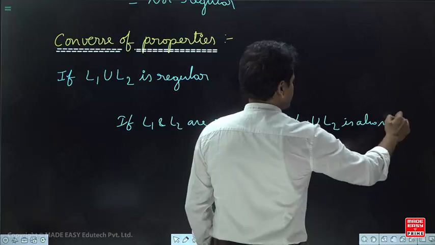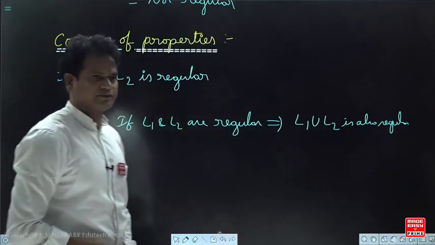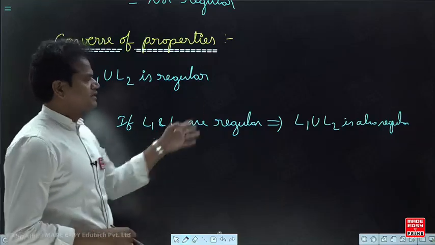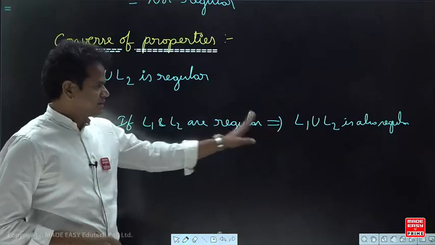This is the property we have seen: if two languages are regular, their union is also regular. So what is the converse? If L1 union L2 is regular, then what about this one?